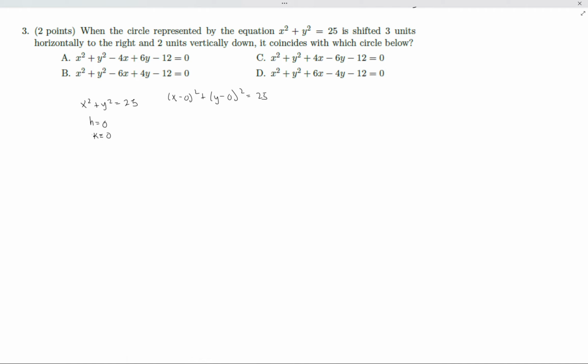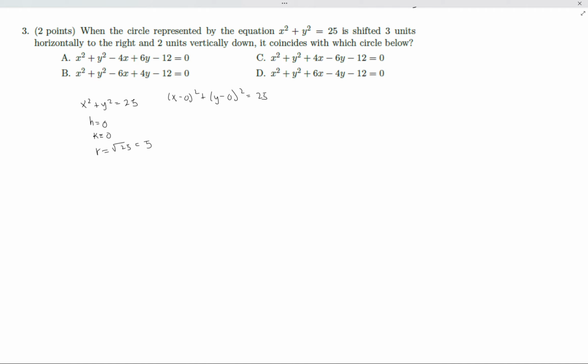So it means that our starting point is at the origin. Now our radius must be equal to the square root of 25 or just 5. So we know that we are not touching the radius. When we move the center, it's basically just the same size of a circle. It's just the center is located at a different position.